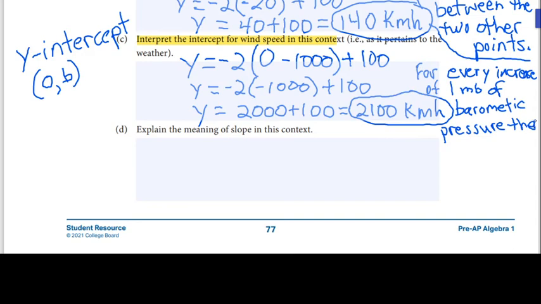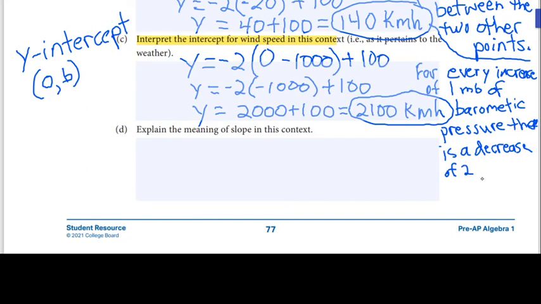there is a decrease of 2. Okay, I'm sorry, I'm not explaining the intercept, I'm explaining the slope.